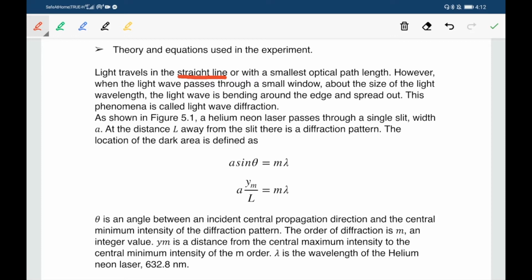However, when the light wave passes through a small window about the size of the light wavelength, then the light wave bends around the edge and spreads out. This phenomenon is called light wave diffraction.